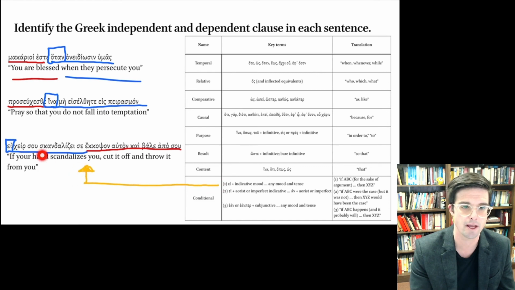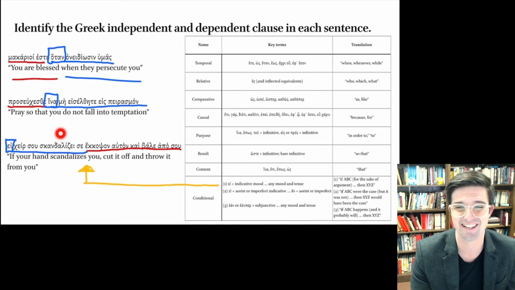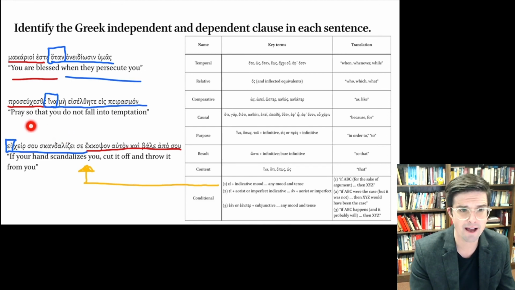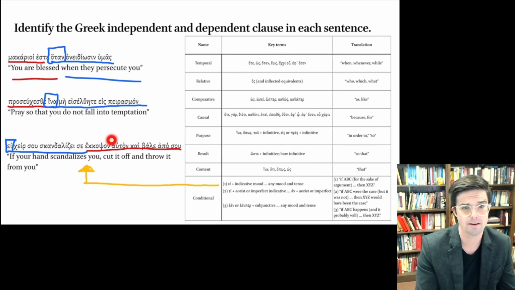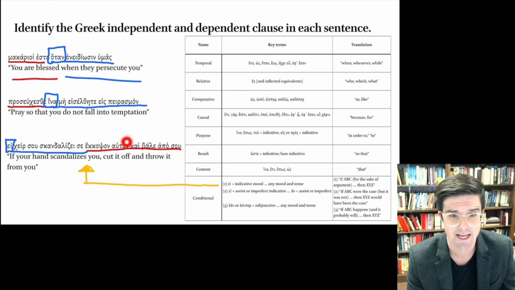So notice in our if clause here, we have ei plus the indicative. Scandalizei is a present active indicative, third person singular. So we have ei plus the indicative in the protasis, and then we have aorist imperatives in the apodosis.